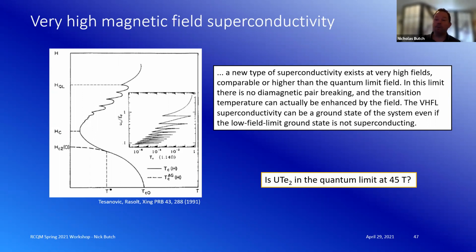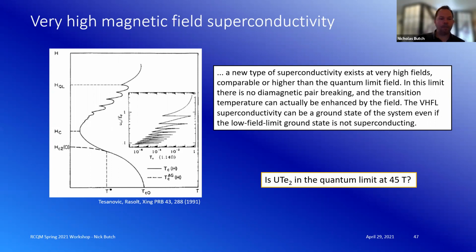Moreover, this kind of state could exist in principle even if superconductivity isn't the zero field ground state. If we'd like to entertain this idea, we have to ask the question: is uranium ditelluride in the quantum limit at 45 Tesla? There's no direct evidence yet that that's true. In fact, we don't have any published quantum oscillations data or anything like that at this point. And we expect that the Fermi surfaces are pretty big.